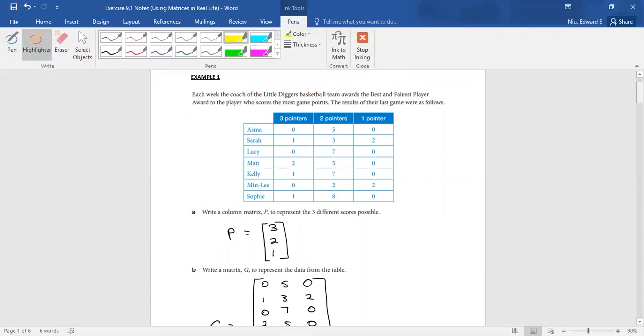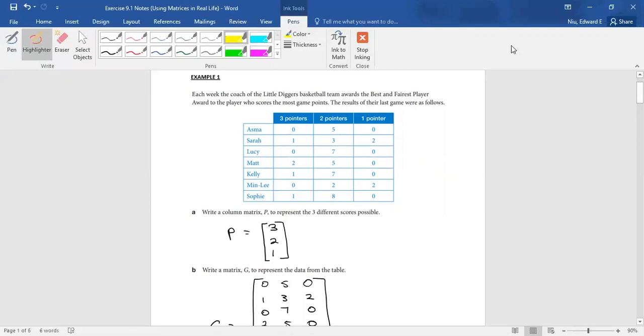So, example 1: each week the coach of the Little Diggers basketball team awards the best and fairest player award to the player who scores the most game points. Now, is that fair? Probably not, because there's a lot of other things that go on in sport. But let's just say the person who scores the highest gets the best and fairest.